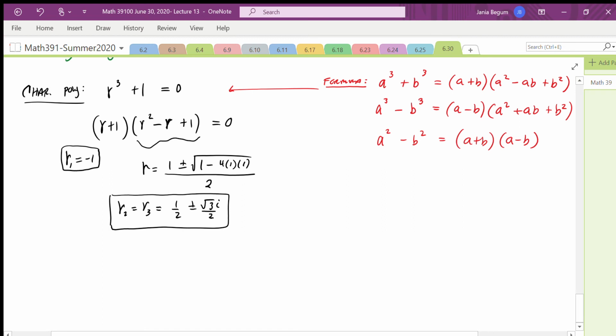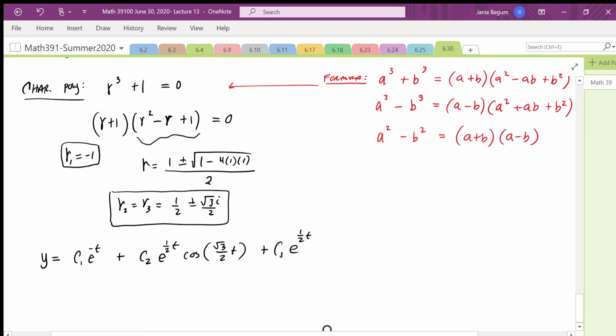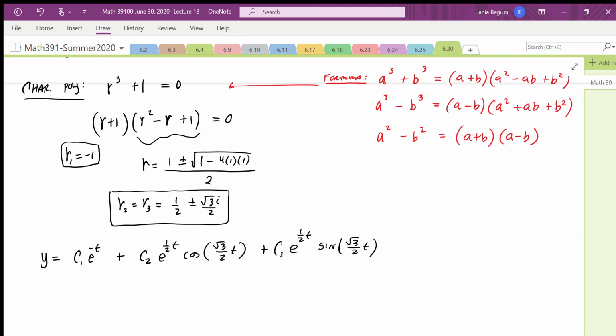So using these roots, our general solution is going to be y equals c1 e to the negative t plus c2 e to the 1/2 t cosine of square root of 3 over 2 t plus c3 e to the 1/2 t sine of square root of 3 over 2 t. That would be our general solution.